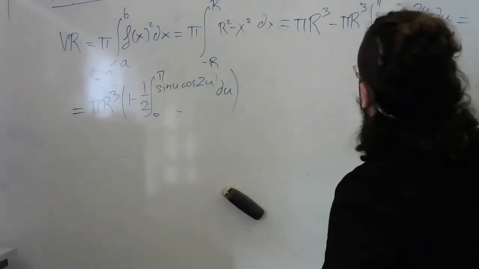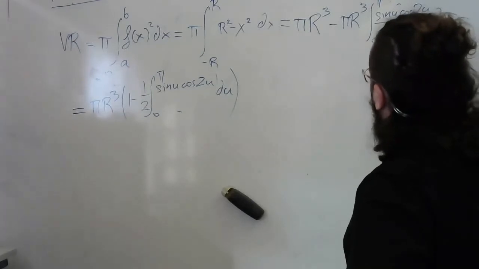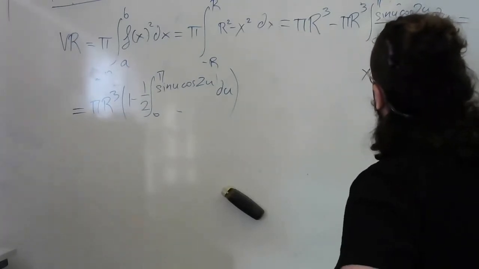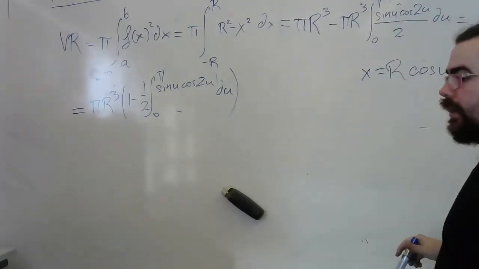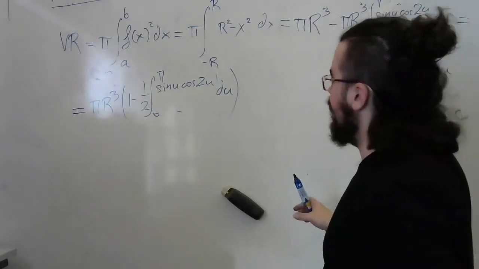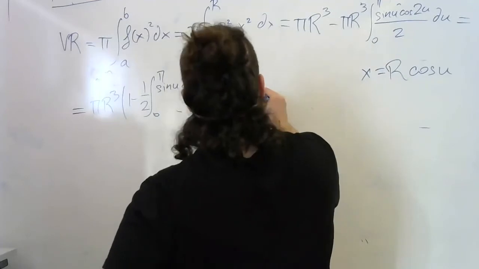Remember here that we are using the change x is r cosine of u. Cosine of 2u as another trigonometric identity. Let's do it.